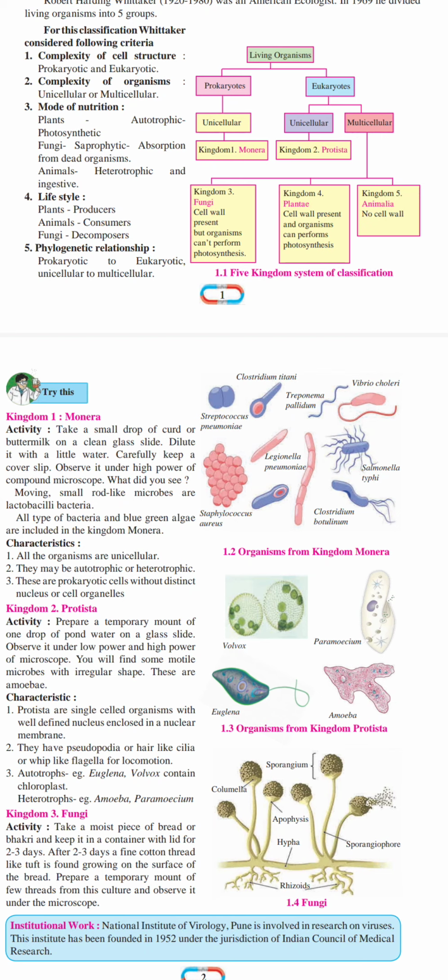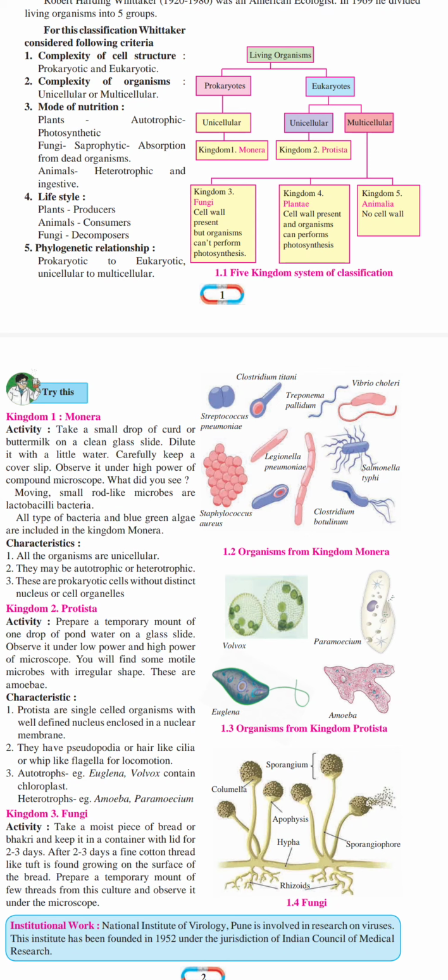In this you will observe Euglena, Paramecium, Amoeba, Volvox, all of which are in pond water. If you want to look at it properly, take a small amount of the water on a glass slide and observe it under high microscope power. You can easily see the Paramecium, the slipper shape, in the microscope.